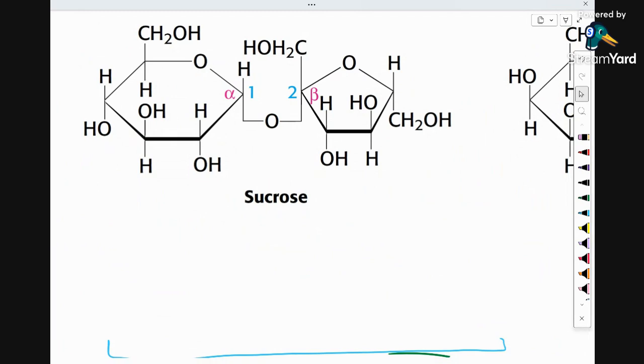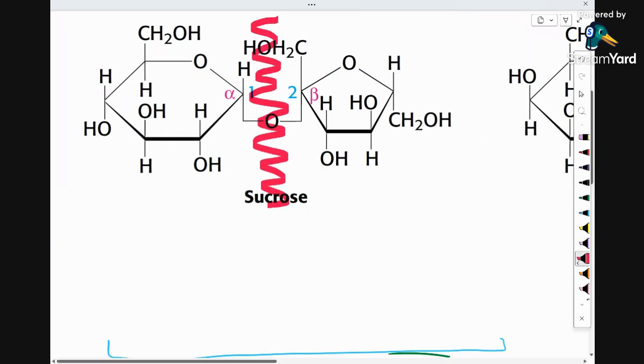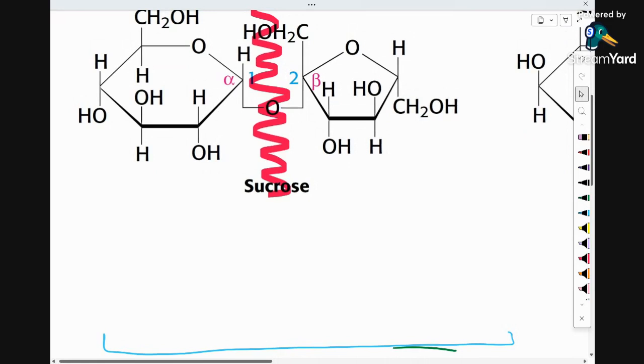So what we need to do is first hydrolyze the glycosidic bond here. And we do that using acid, dilute acid. So acid hydrolysis. Hydrolysis, don't forget, is the posh word for breaking a bond, breaking apart these two molecules. And it's going to break the glycosidic bond.